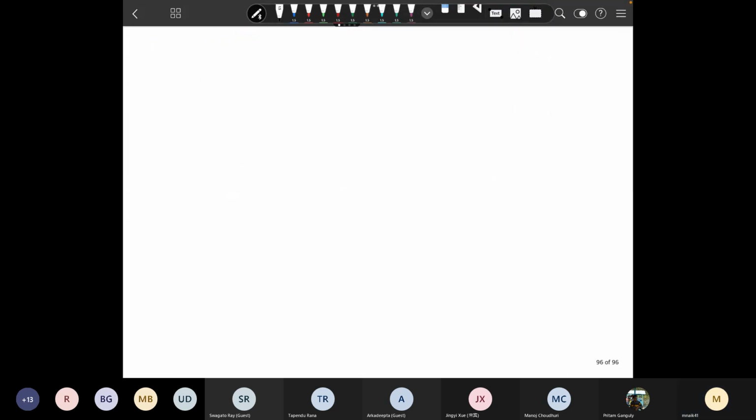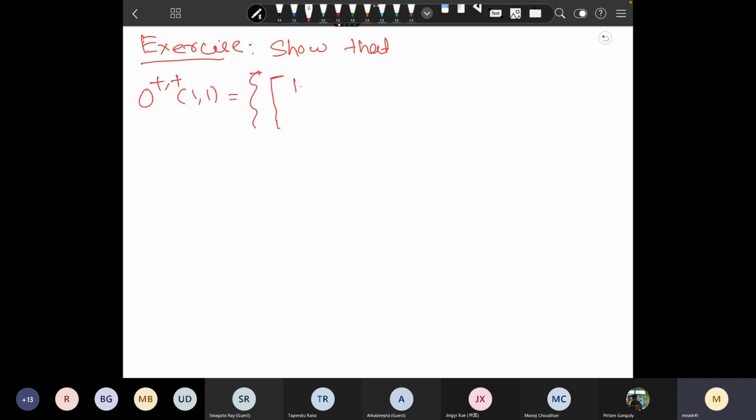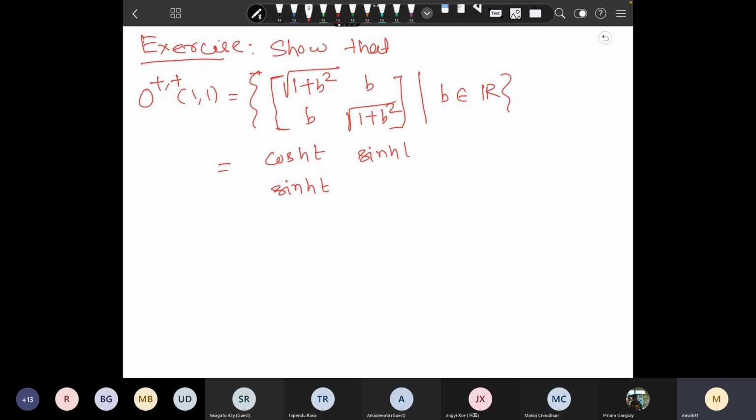Show that O plus plus (1, 1) is equal to the set of all matrices of the form [[sqrt(1 plus b squared), b], [b, sqrt(1 plus b squared)]] such that b belongs to R, and this is the same thing as you can write [[cosh t, sinh t], [sinh t, cosh t]], t belongs to R.